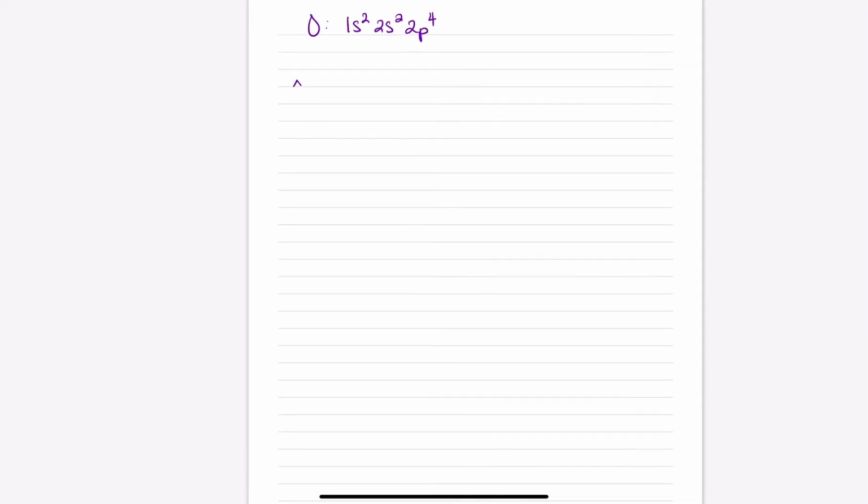Sorry to keep moving the screen. It's just going to take a lot of space, and I can't write a straight line to save my life. Okay, so I've got my 1s with my 2 electrons. I'm going to fill those in first.